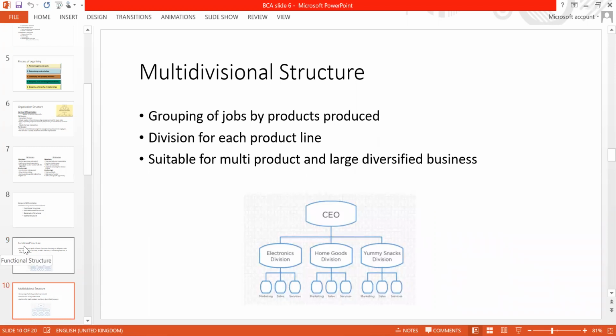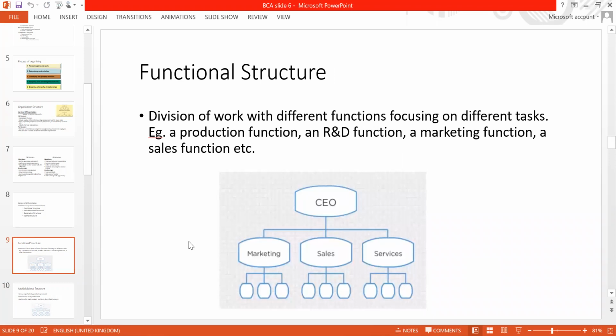So functional structure looks like this. When you are dividing the work into different functions based on their tasks, you organize or divide the organizational work into specialized work groups.